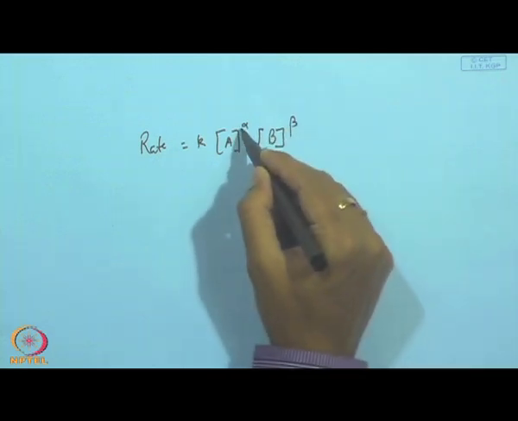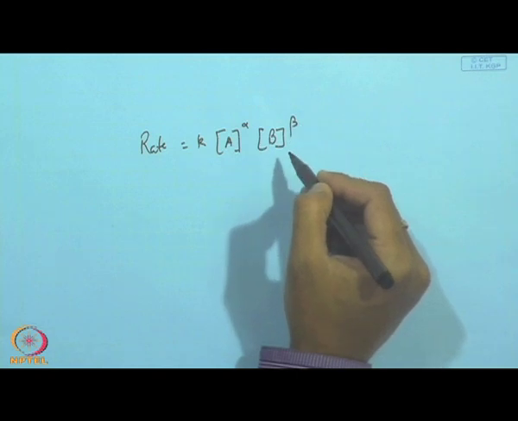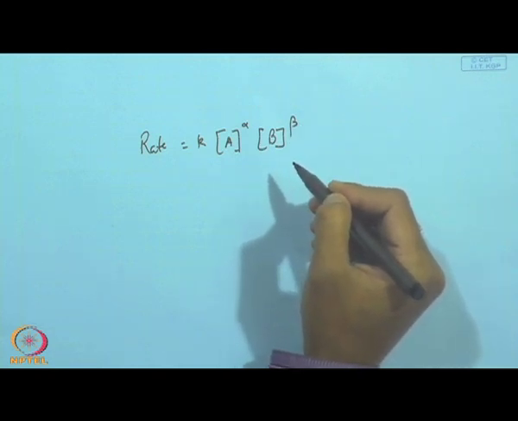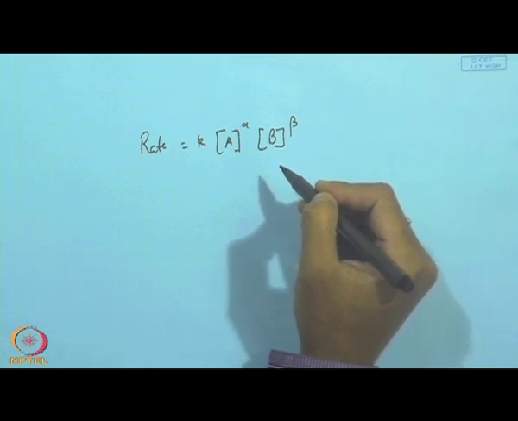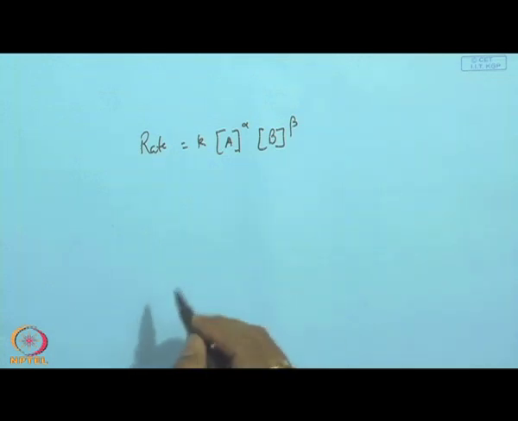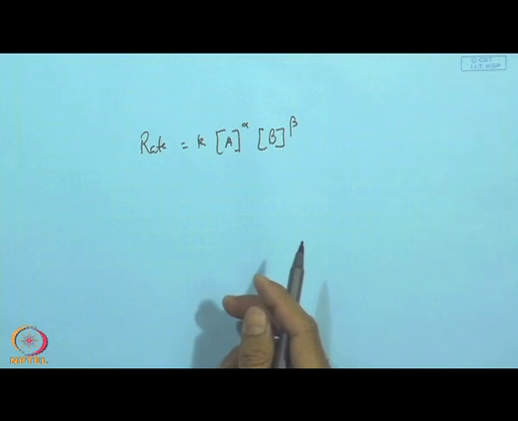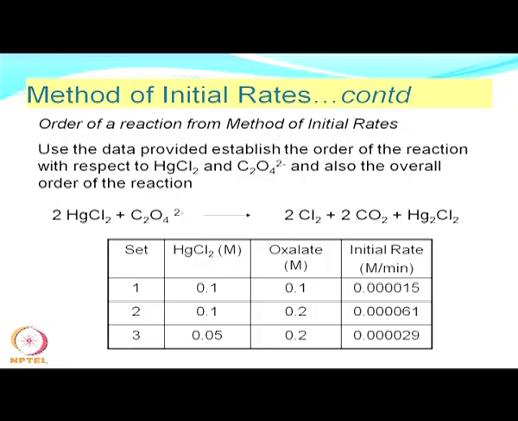What is the value of alpha and beta, and to find out the overall order of the reaction. You can do that by making use of the initial rate method. And also we have studied various types of kinetics like zero order, first order, second order, third order, and also nth order.